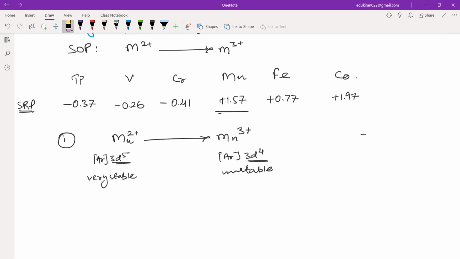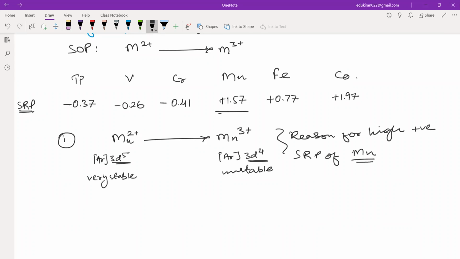Next is, why does iron have a relatively low value? The reason is the high positive SRP of Mn is due to d5.